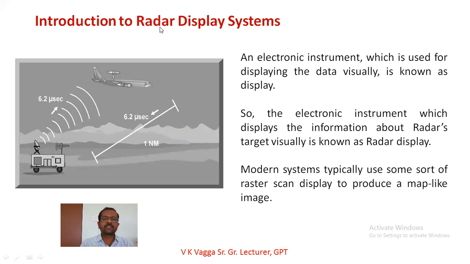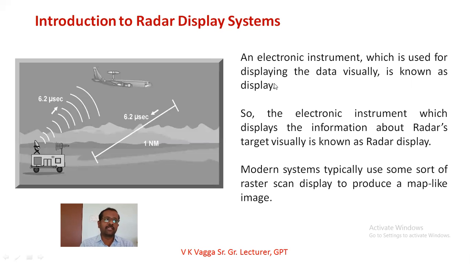It is itself the radar display. Either it can be the CRT tube, or the LCD display, or the LED display, or anything. It is itself acting as the radar display system. So it is an electronic instrument which is used for displaying data visually, and this is known as the display.